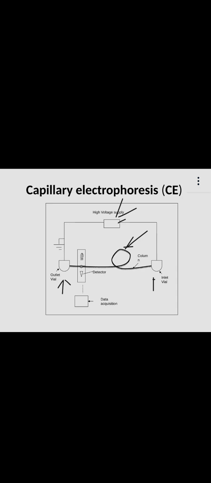The capillaries may be just full of solution, or they may contain some chromatographic matrix. So they may be just hollow, or they may contain chromatographic matrix.